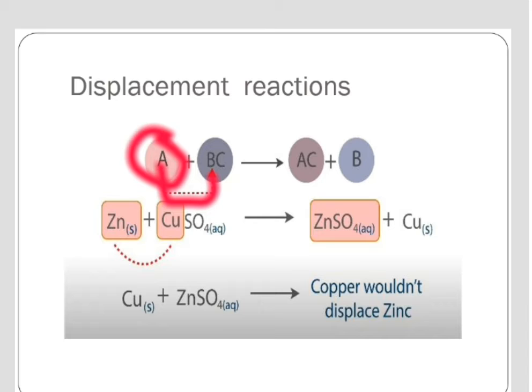For example, zinc is more reactive than copper.